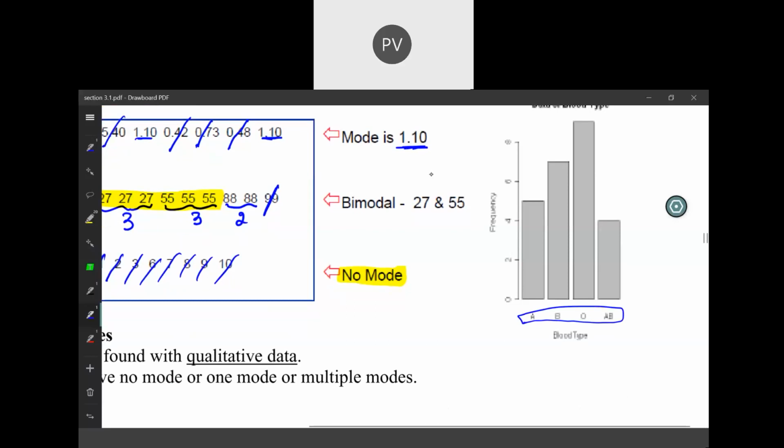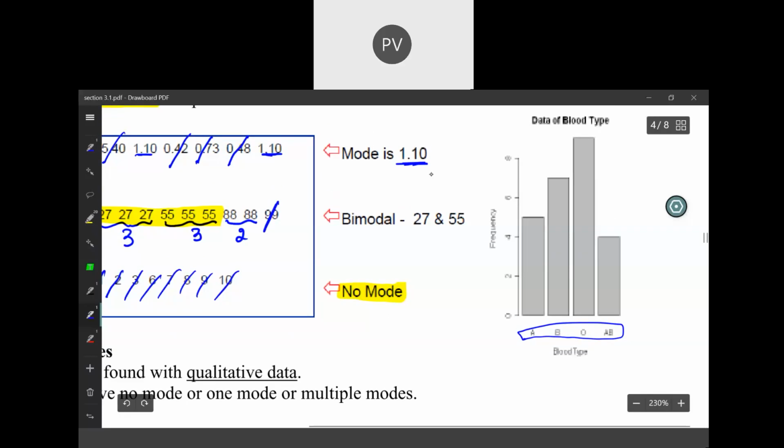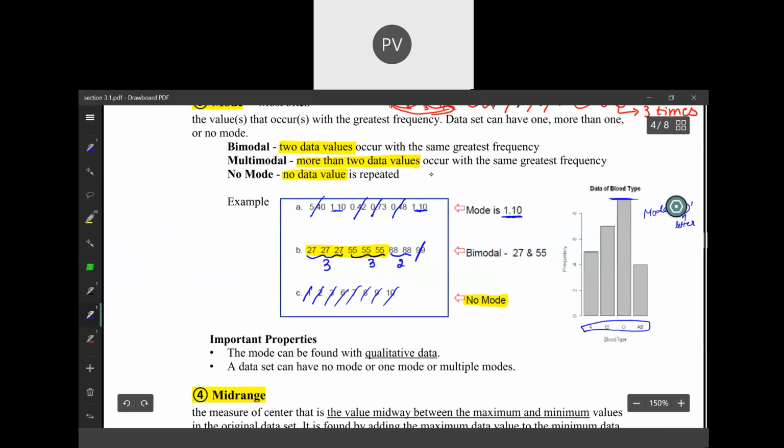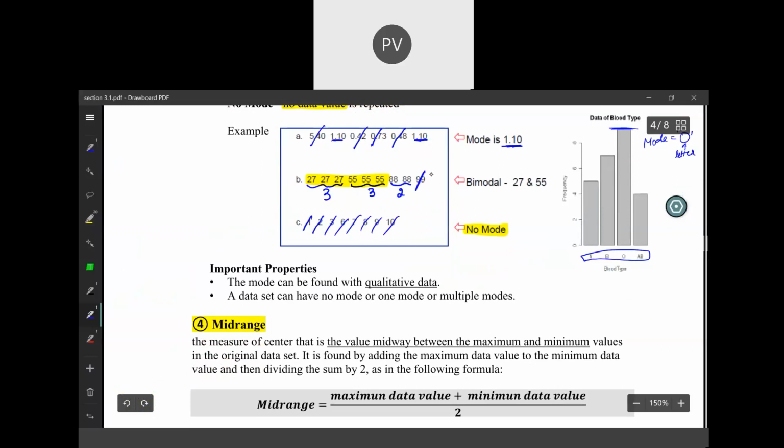So this is the blood type and you can easily say which blood type is repeated the most number of times, because the frequency is high for O, so we call the mode O. This is the letter O. If you have a histogram you can easily compute the mode.